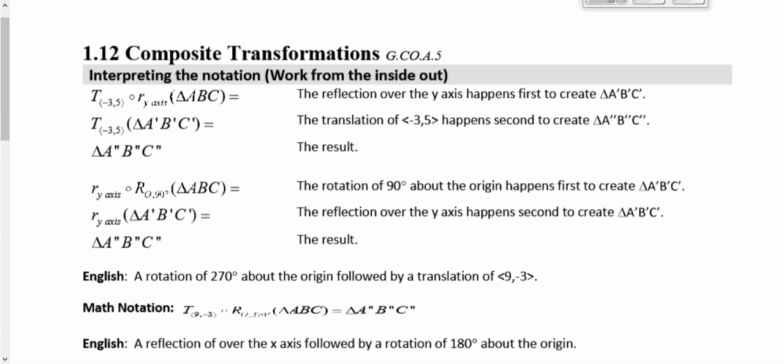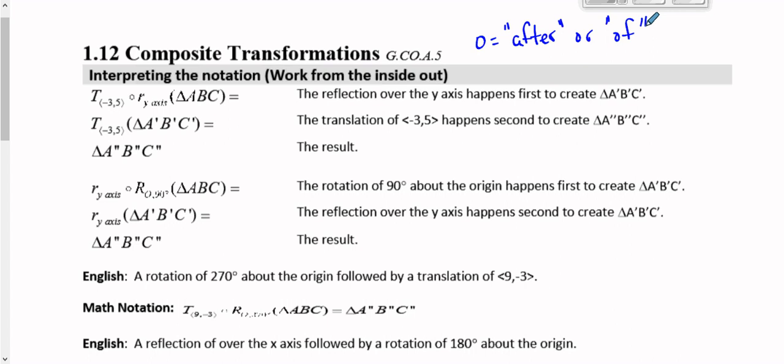That means something mathematically. When you see that, think the word after or of. So I'll put a note, that being the word after or of. And that little circle always means a composite transformation.